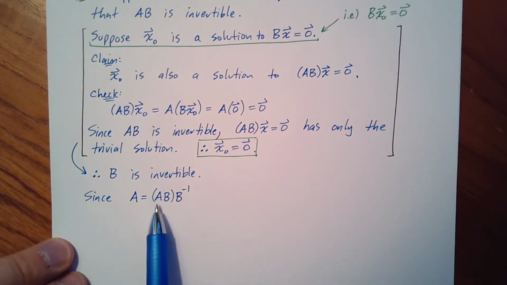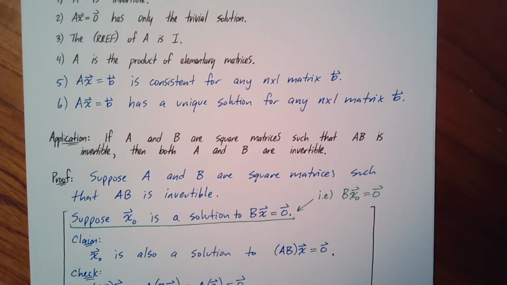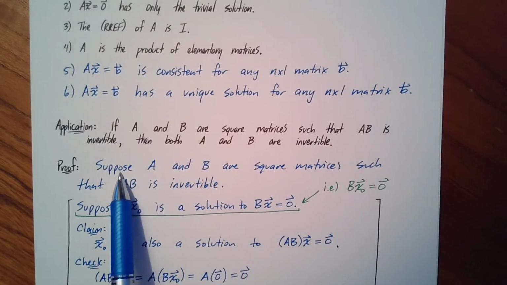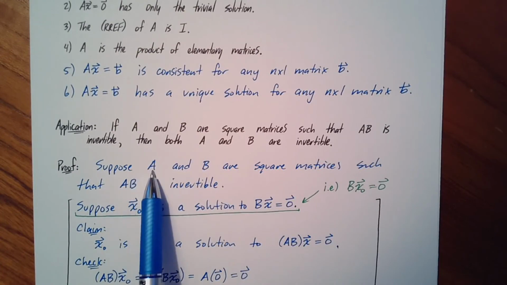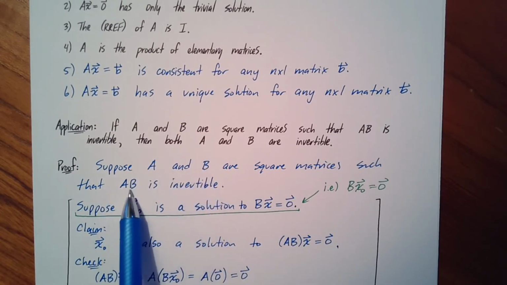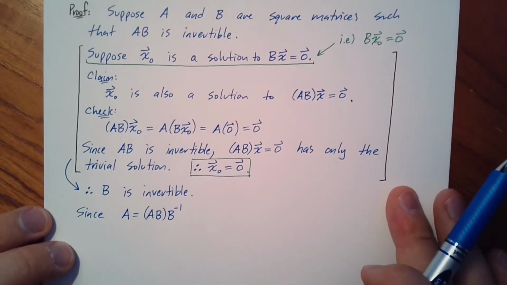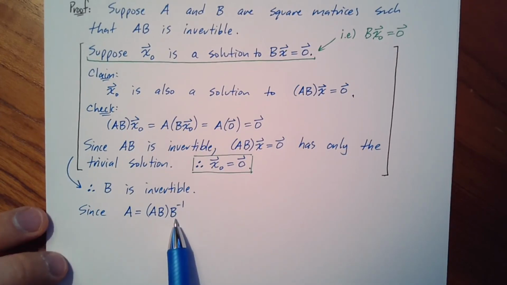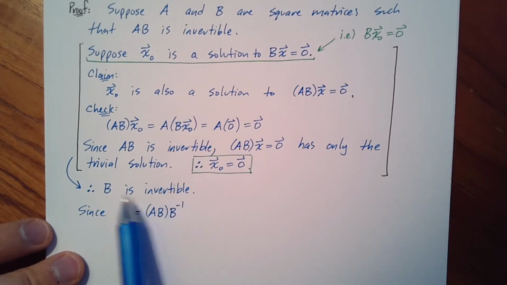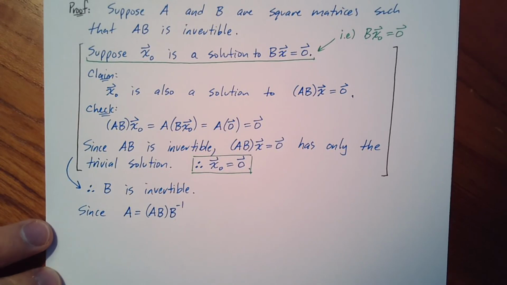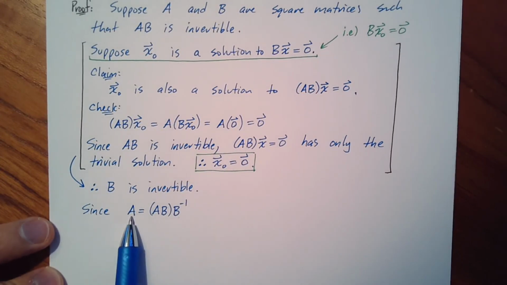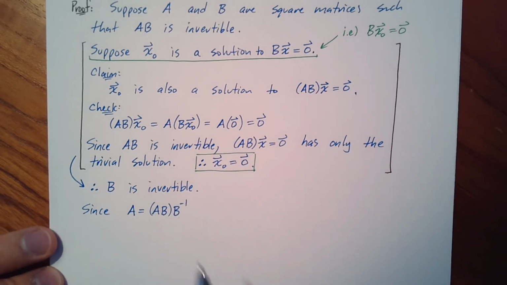So now the product AB here was assumed to be invertible in the question, right? We started with the assumption that we had matrices A and B such that the product AB is invertible. That was an assumption. Now B inverse, well, we've already shown that B is invertible, so its inverse is also invertible. So in other words, A is the product of two invertible matrices.